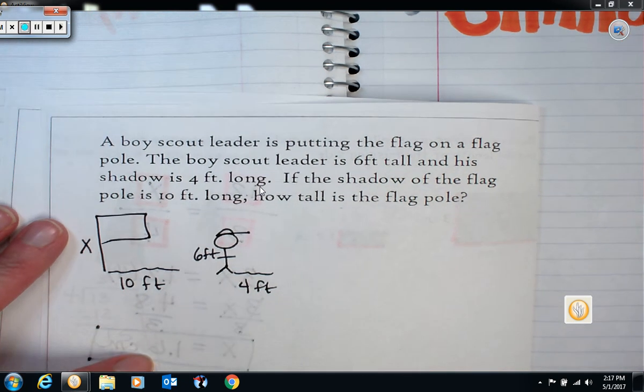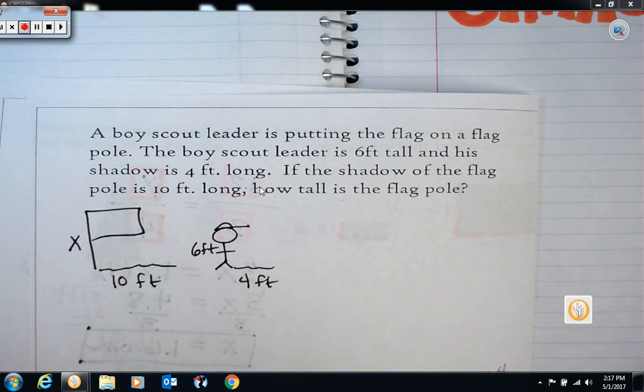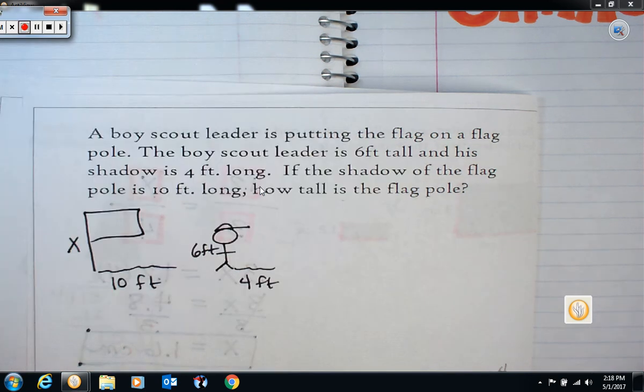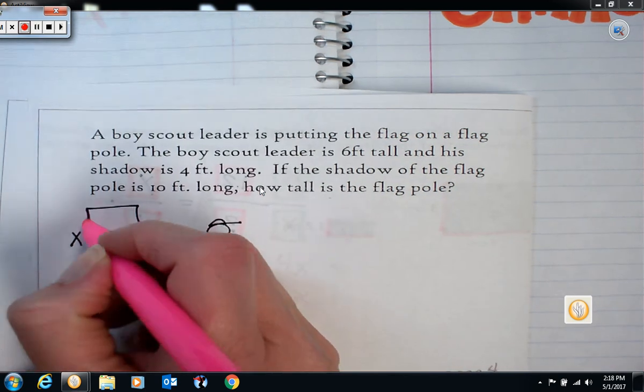Because the scout leader is standing by the flagpole, the sunshine is hitting them at the same angle. So I know that the shadow to the height of the person and the shadow to the height of the flag must be proportional. I can use my colors again to identify the matching values.